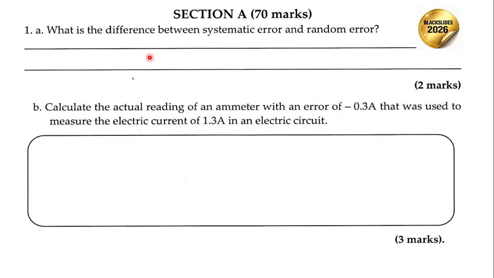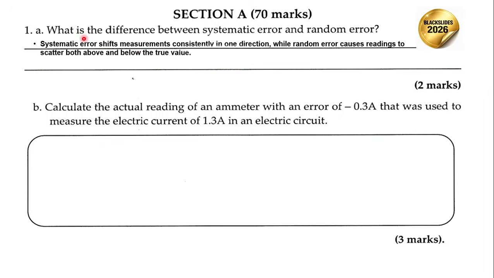All the same, the examiners were looking for any of the following differences. Systematic errors shift measurements consistently in one direction, either in positive direction or negative direction, with respect to 0, while random errors cause readings to scatter, both above and below the true value. It can be positive or negative. But a systematic error shifts measurements consistently in one direction.